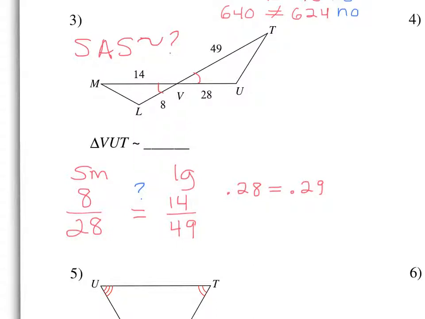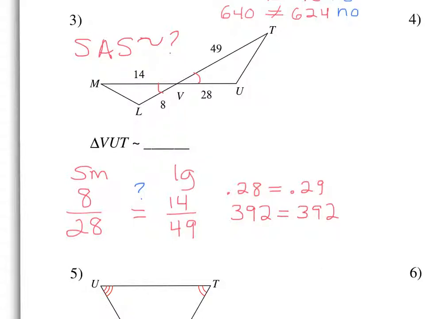But if we did the cross multiplication of this proportion, we would get exactly 392 equals 392. So again, you want to make sure that it checks out, whether it's the decimal version of the check or the multiplication version of the check, but you want to make sure that it's definitely shown in your work for me to give you full credit.